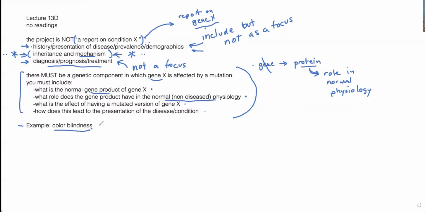In particular with color blindness, it would be really cool for me to include a picture of what things look like with a colorblind person as opposed to normal color vision. That's the sort of thing that you can totally do with your PowerPoint, and I'm not even going to try to do that. I think everybody here has a pretty good idea about what I mean by color blindness, so I'm going to go ahead and work with this.